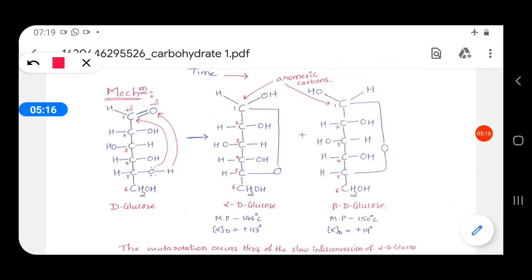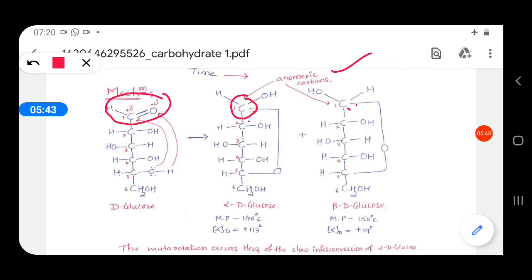Here it is a carbonyl group, that is aldehyde, but after the formation of the hemiacetal ring, this carbon becomes a new asymmetric carbon. See, 4 different groups are attached to the carbon. This newly formed asymmetric carbon is called the anomeric carbon.